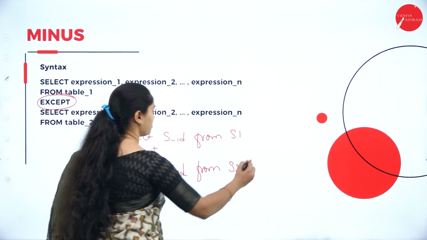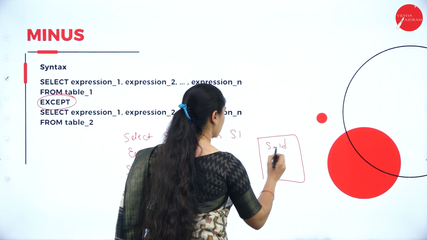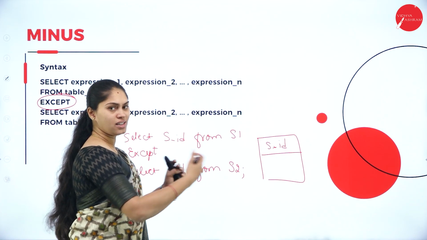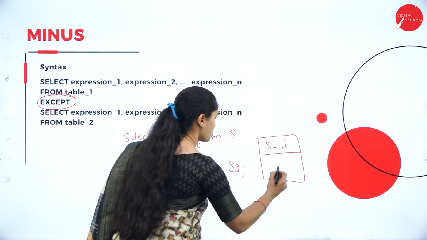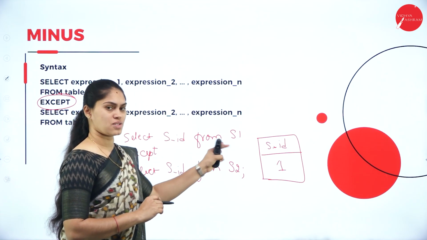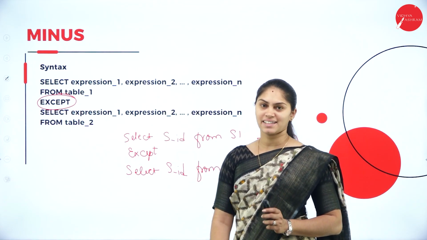Can you guess the output for this? What are we going to get? We will get the student ID as a resultant which is there in the S1 table but not in the S2 table. That is student ID 1. Why? Because we have student ID 2 in both S1 and S2. This is how we use this minus or except operation.